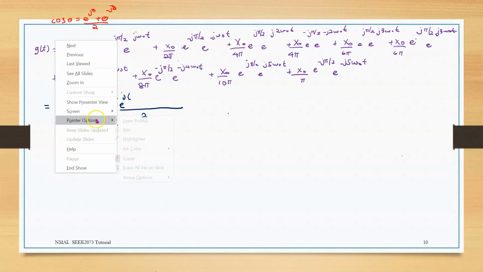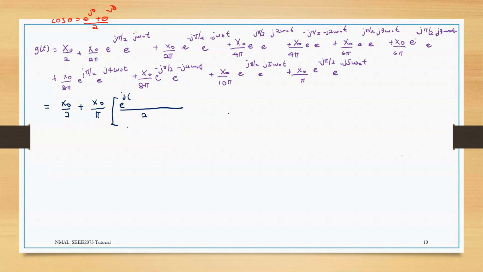So it will become exponent j omega naught t plus pi over 2, plus exponent negative j omega naught t plus pi over 2. If you notice here, exponent multiplied by exponent, you can add up the functions here, pi over 2 plus omega naught t, and you take out the negative j. Okay, so it becomes like this.